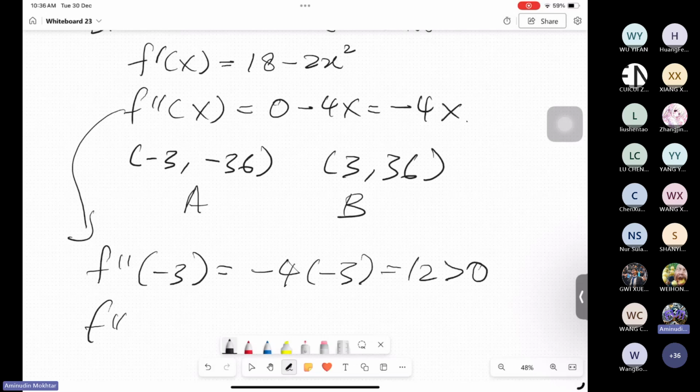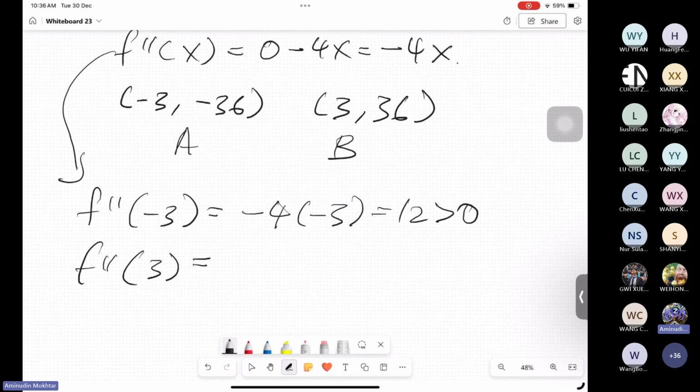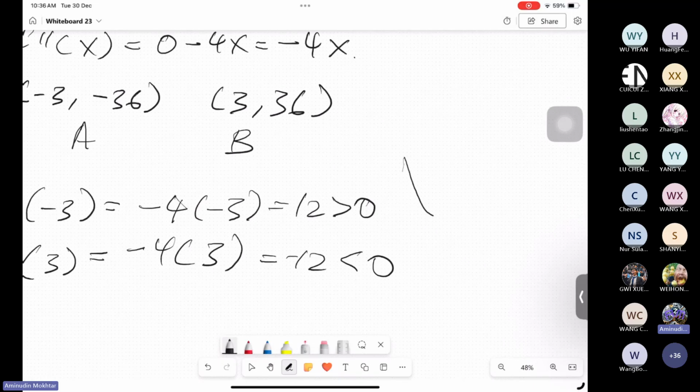And then for the second critical point, the value of x is positive 3. So the value of the second derivative is negative 4 times 3, which is negative 12. When x equals negative 3, the second derivative is positive, so the graph is concave up.